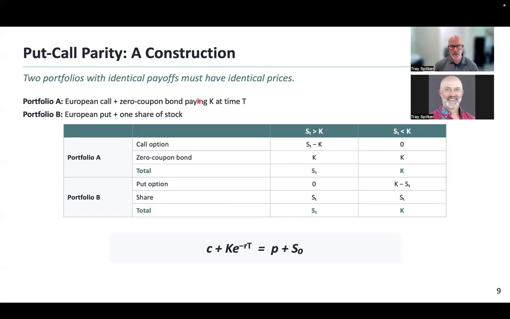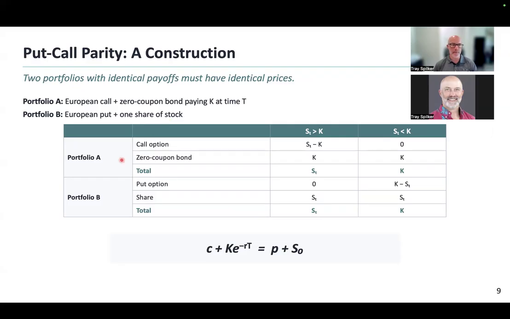The second arbitrage we took was combining a European put option with one share of the stock, right? So these are the two portfolios that we constructed. And here's what's interesting. I want to show you what the payoffs look like for these two portfolios.